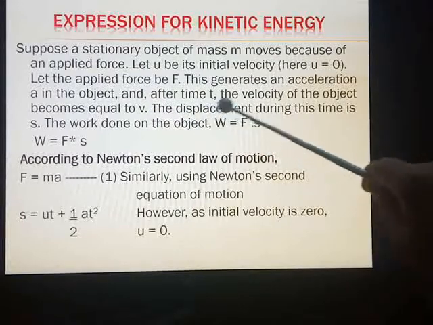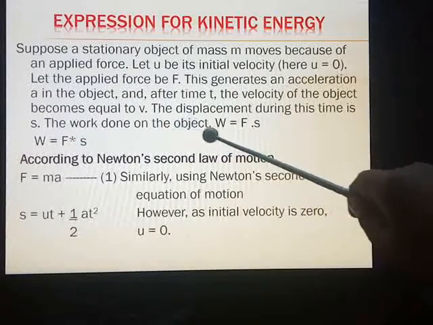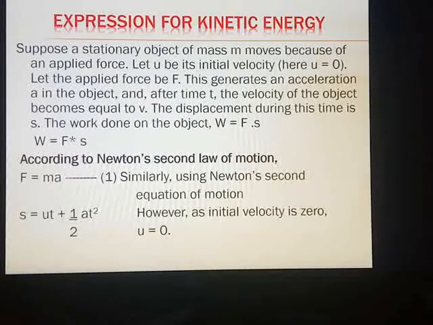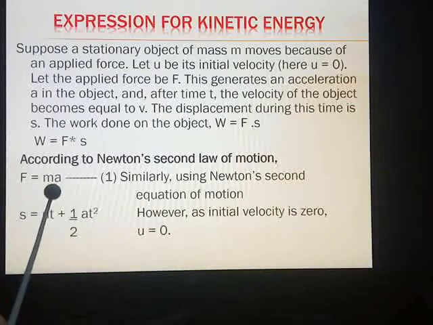The displacement during this time is s. So the work done on an object can be shown as W is equal to force into displacement, that is F multiplied by s. Now according to Newton's second law of motion, in the first chapter we have seen all the three laws of motion, F is equal to m into a. And s is equal to ut plus half at square.